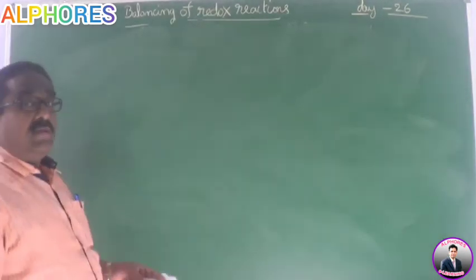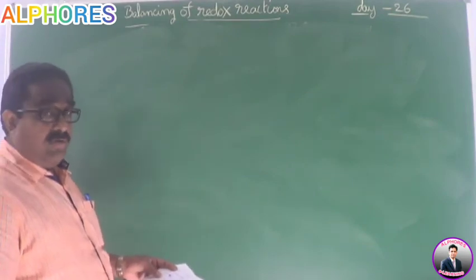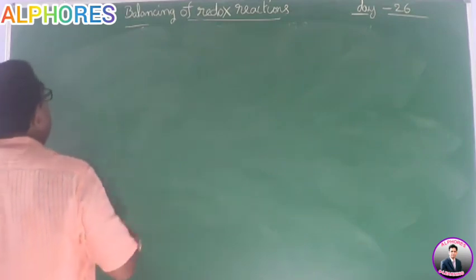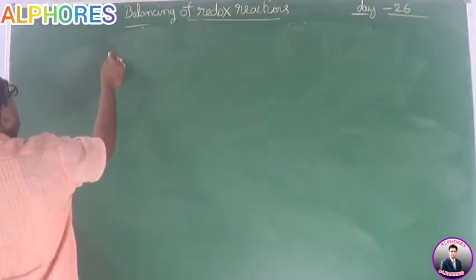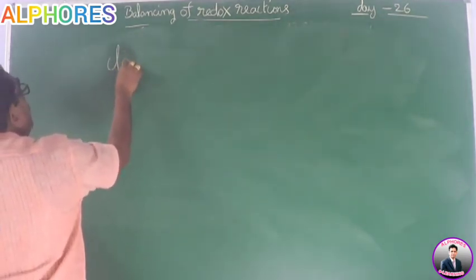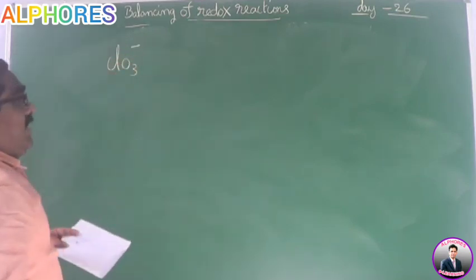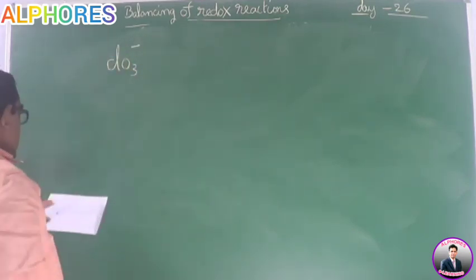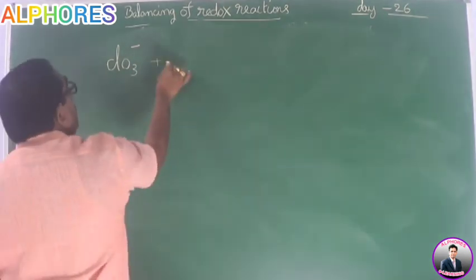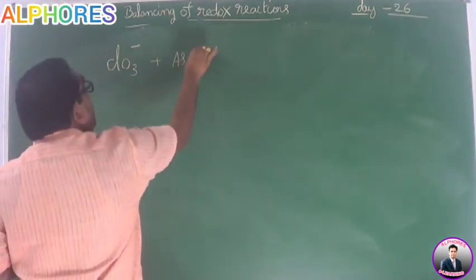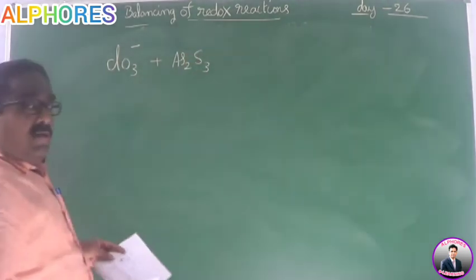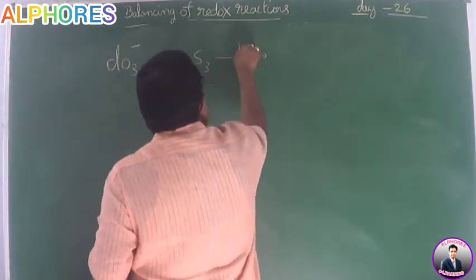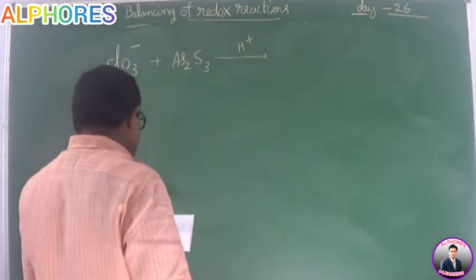Okay students, write this down. I am going to change the model again. Concentrate. Write down clearly. This is chlorate ion, ClO3 minus. Arsenic trisulfide, As2S3, no doubt in acidic medium he is giving.